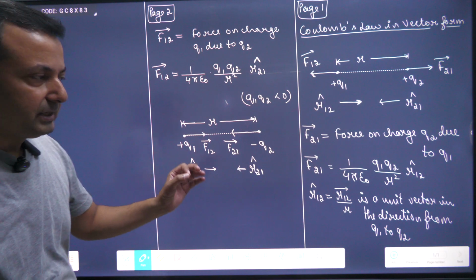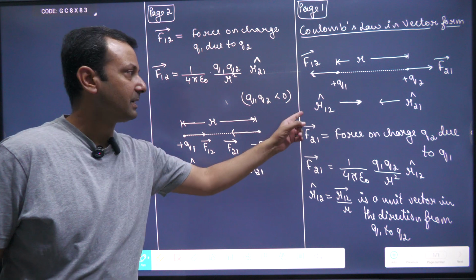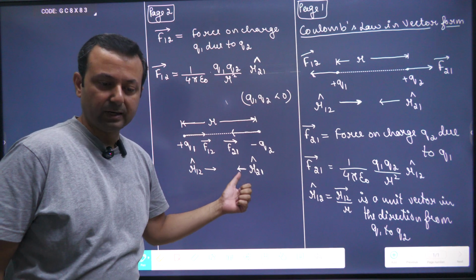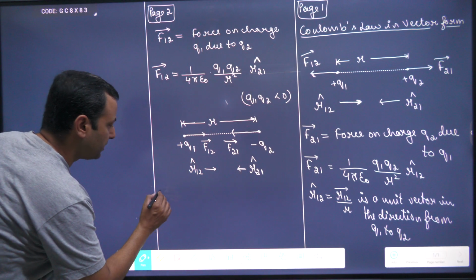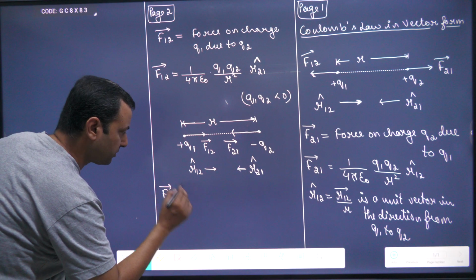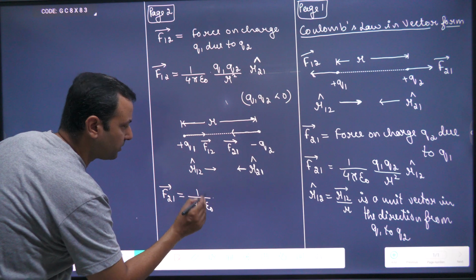Now we will write both the forces. First of all, we will write F21 like we have written in the case of similar charges. Here also we will write the F21 vector. So the F21 vector is equal to 1 upon 4 pi epsilon naught.